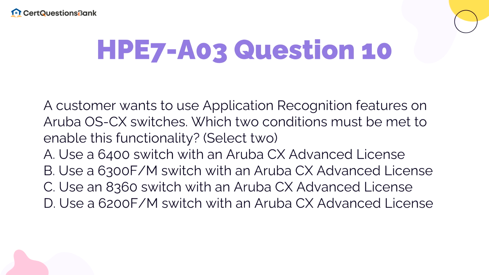B. Use a 6300F M switch with an Aruba CX Advanced license. C. Use an 8360 switch with an Aruba CX Advanced license. D. Use a 6200F M switch with an Aruba CX Advanced license.